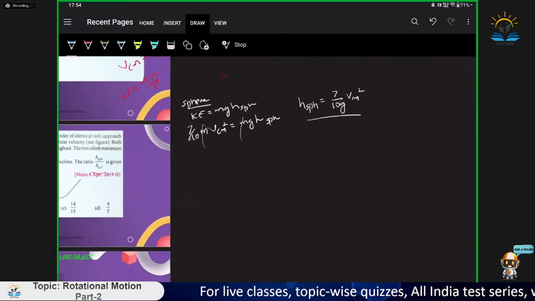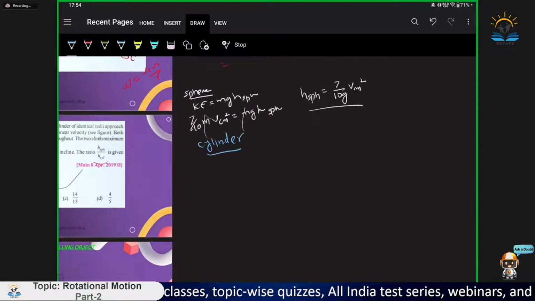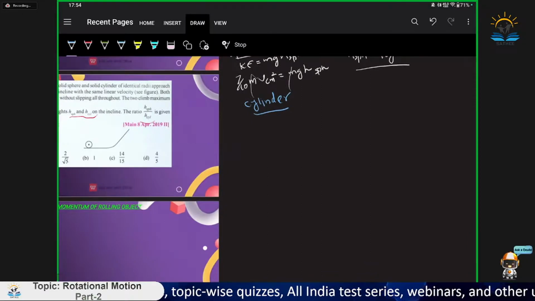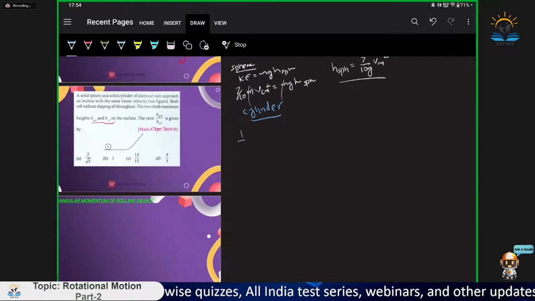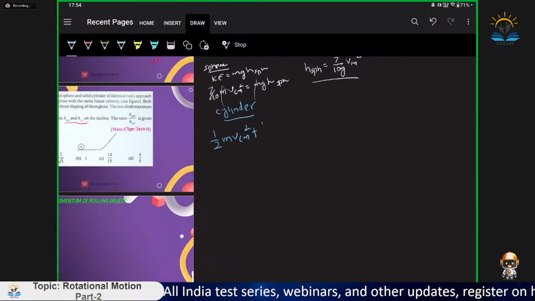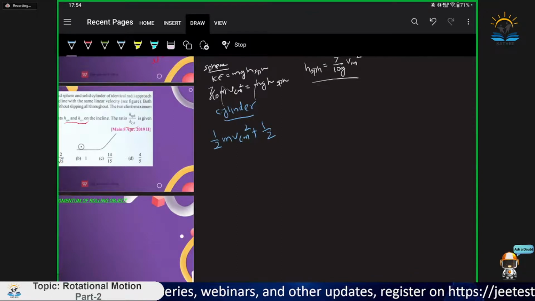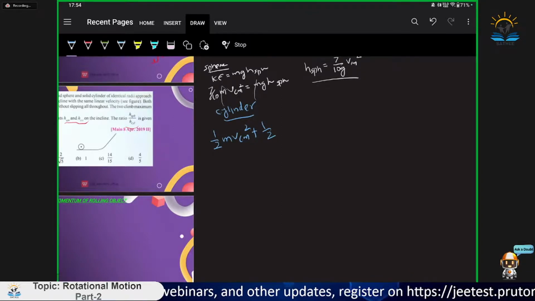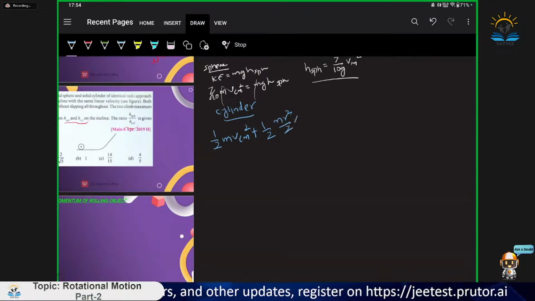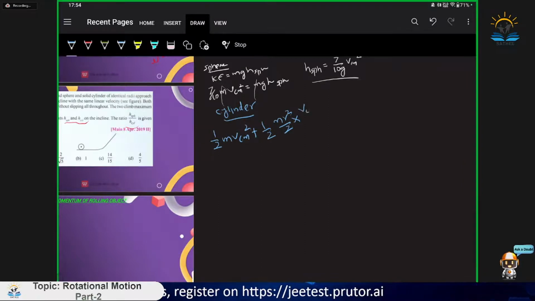If we solve for cylinder, kinetic energy will be half m into VCM square plus half I omega square, right? I for a solid cylinder, as a disk, is mr square by 2. M into r square by 2 into omega square. Omega square we can write as VCM by r whole square, so VCM square upon r square.